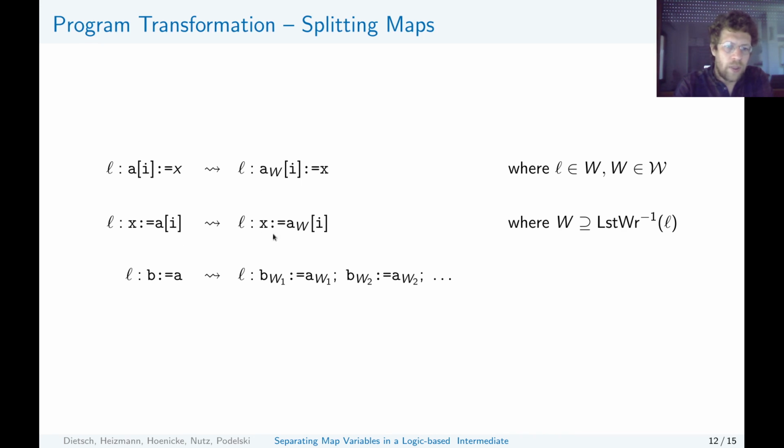Now for a read, we again look for the write block that's associated with influencing that read and read from the corresponding variable. And for a map assignment, like assigning a whole map, not just one value, we have to essentially assign write block by write block.